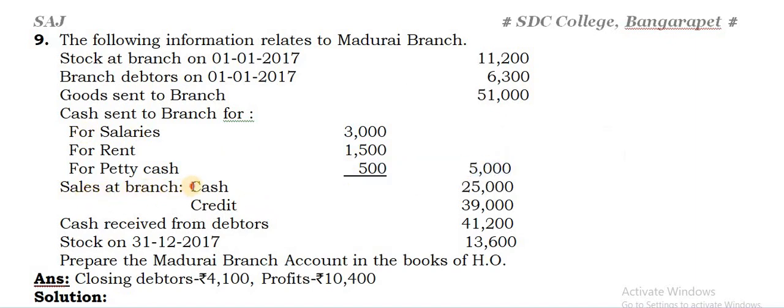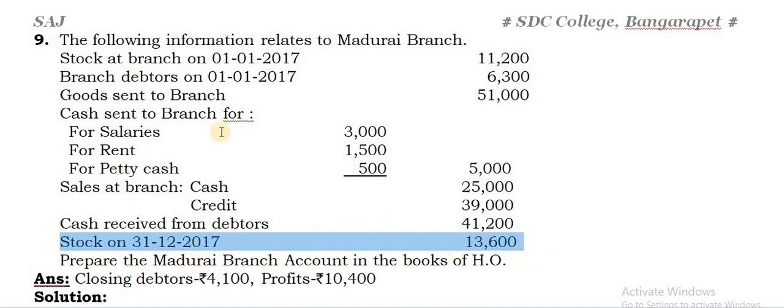Sales at branch, cash and credit. Credit sales don't take, but cash sales you can take on the credit side, under the head remittances, that is bank account. Then cash received from debtors, this you can take along with the cash sales on the credit side of the branch account under the head bank account. Then closing stock is given, you take this on the credit side.